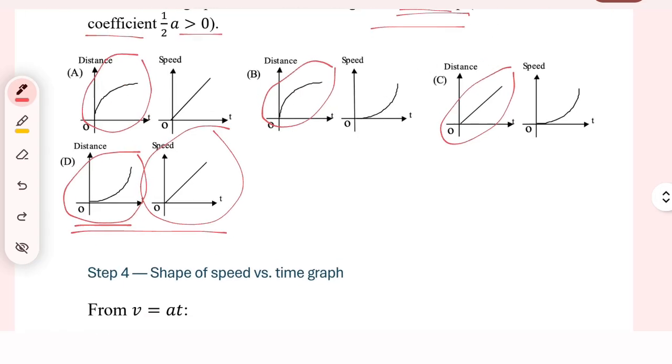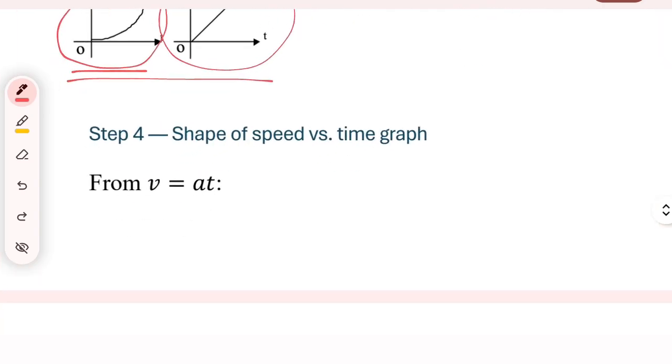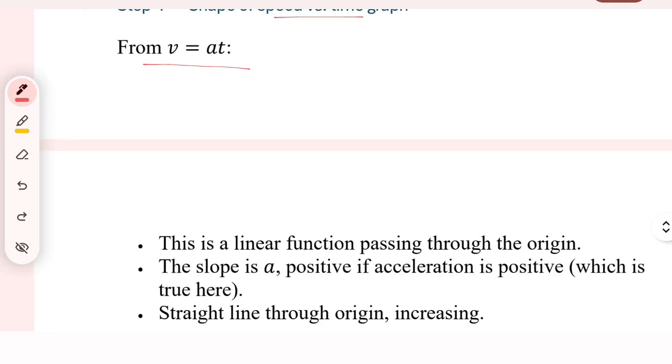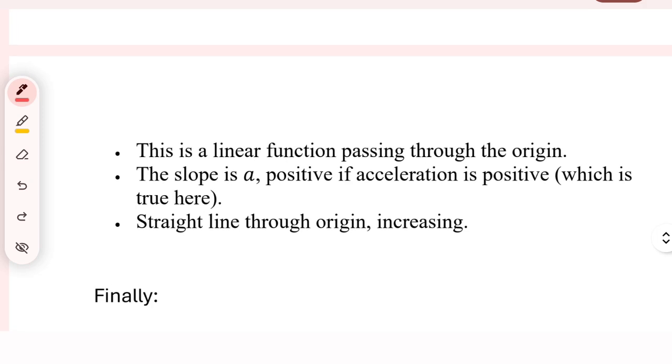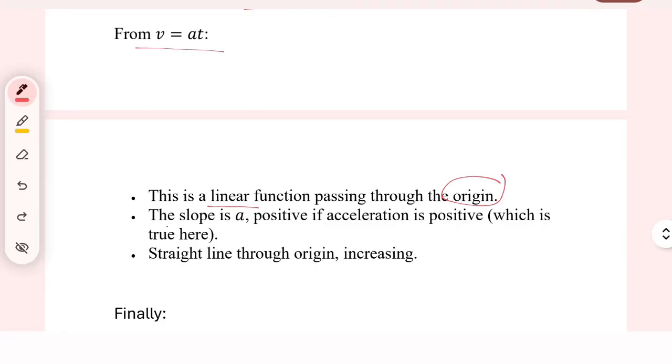Let's now describe the shape of the speed versus time graph. This is the formula that we know: the velocity is equal to acceleration times time, v = at. This formula is actually linear. Look at that formula, it is very linear. So it is a linear function that passes through the origin.